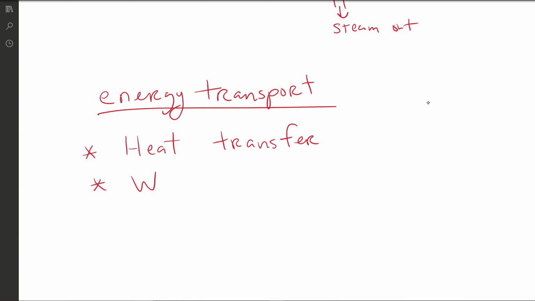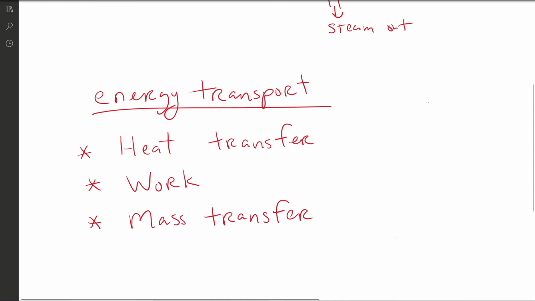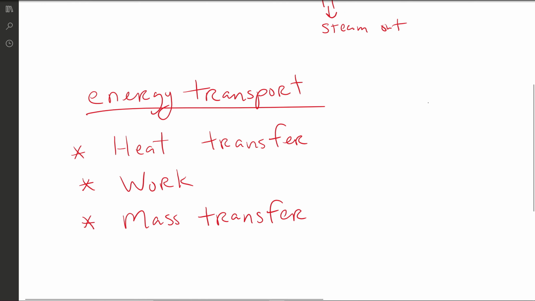The next way is through work. And then we have what's called mass transfer. So through heat transfer, through work, and through mass transfer are the three general ways of energy transport. So we're going to look at heat transfer.